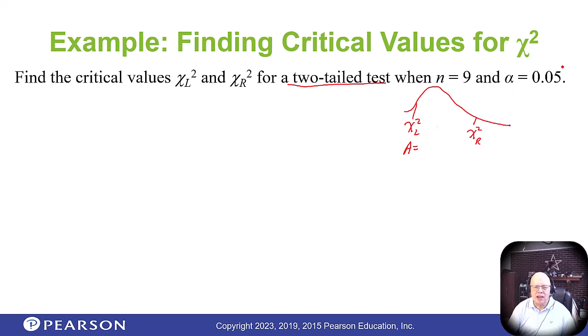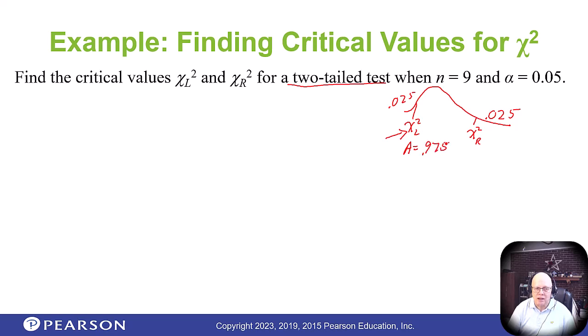And remember, this 0.05 is split between the two, so you have 0.025 on both sides.